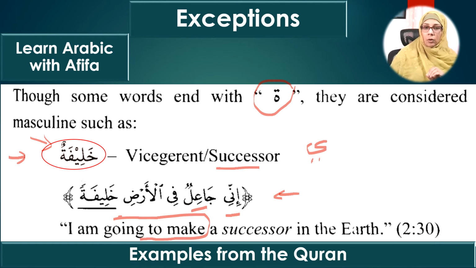Fil ardi, in the earth. Fi is a preposition and al-ardi is earth. Fil ardi khalifa, a successor. And here it is also indefinite. Khalifatan is indefinite because it has a tanween fatha in it.